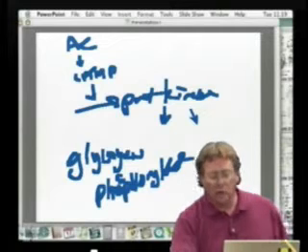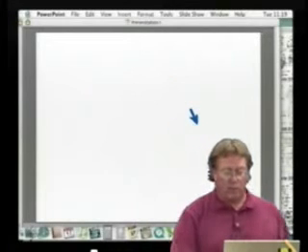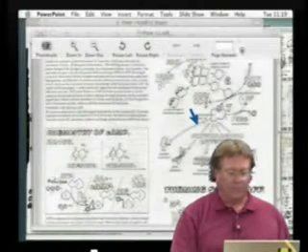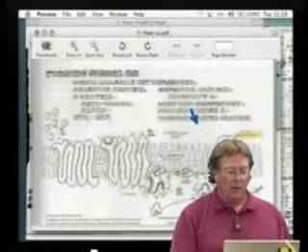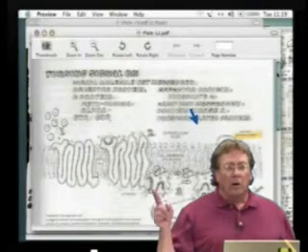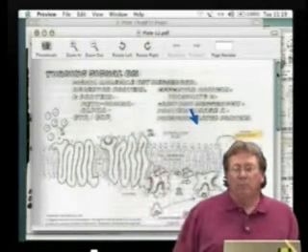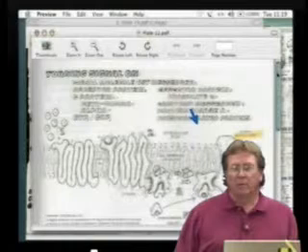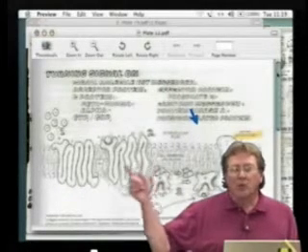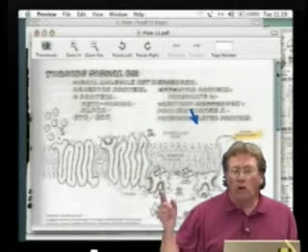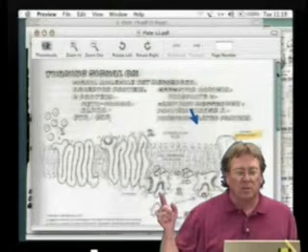It goes back, in fact, to the G protein. There are more than one G protein per membrane receptor. So when this receptor is turned on, it turns on more than one of these G proteins.